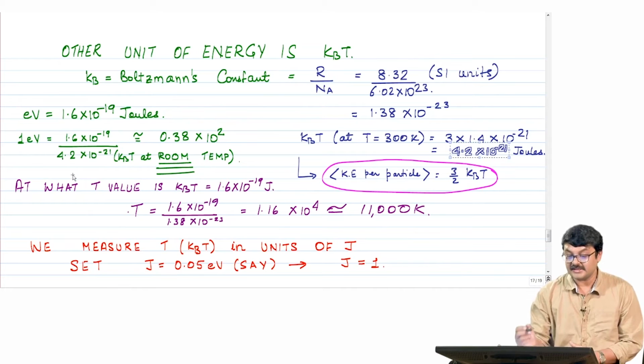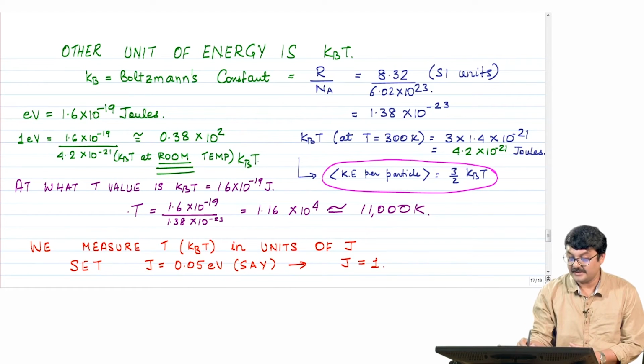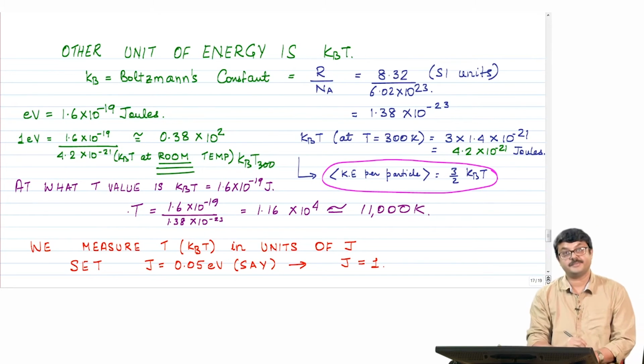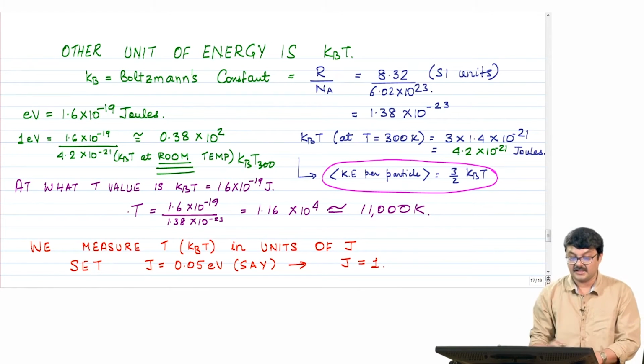Do the calculation and what you get is 0.38 into 10 to the power 22 kBT at 300 K, right. If you change temperature, the value of kBT is going to change, remember that.